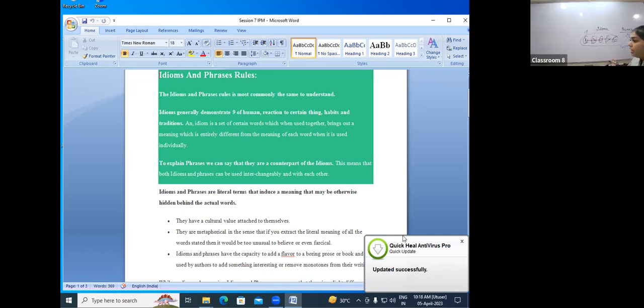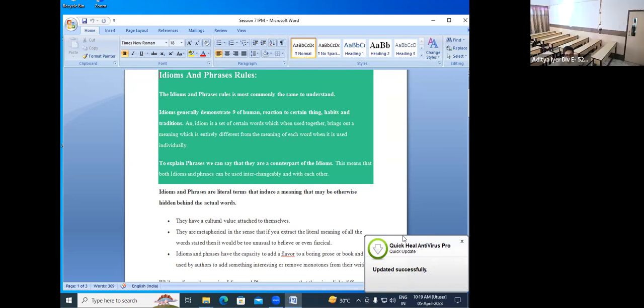Okay, so Aditi, did you write this, prepositional and with infinitives? Yes, ma'am. Okay, give me an example of prepositional. I'm just giving time. To be on the seventh heaven.